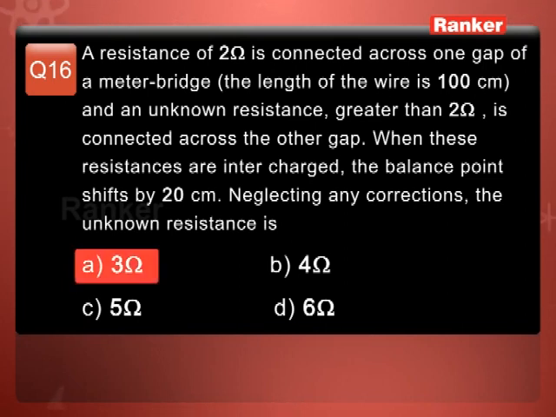See the options now. First option 3 ohm, second option 4 ohm, third option 5 ohm, fourth option 6 ohm. So what is the correct option over here now? The very first option, that's going to be correct again. So you can say once again, the answer for this one is again A now.